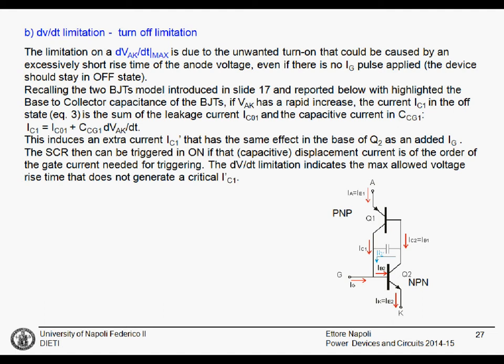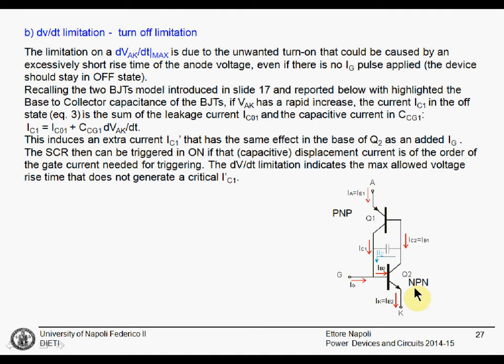Since there is a voltage increase on the capacitance, this is a non-linear capacitance, however, let's imagine that this is a normal, conventional capacitor. When this voltage increases, it means that there is a current that goes in this direction, the blue solid line. And this current goes into the base of the Q2 transistor, BJT.